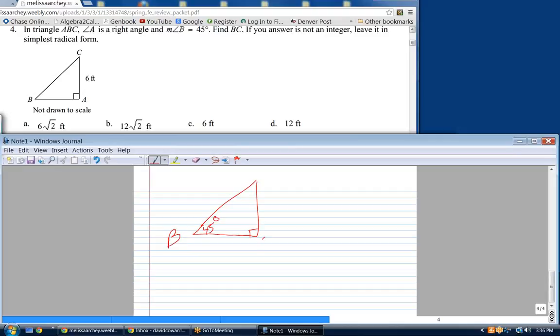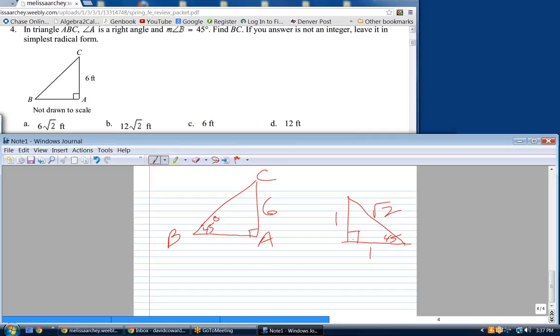Do we know anything else based on that information? The triangle can be a 45, 45, 90. Okay. So if we know one side of a 45, 45, 90, we know all 3 sides. Because here's a 45, 45, 90 basic triangle. 1, 1, square root of 2.